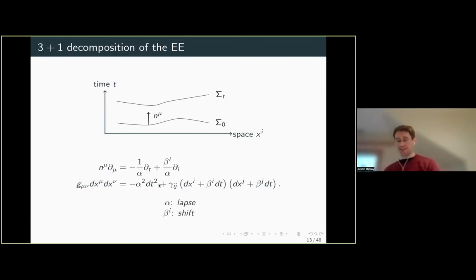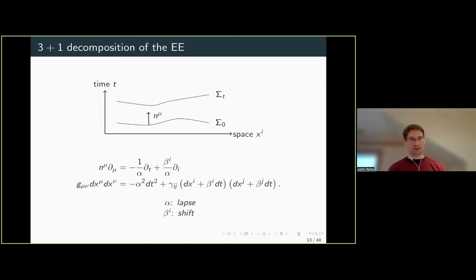The way people traditionally do this is you take your metric g mu nu and split it up into what's called the 3+1 decomposition: 3 spatial dimensions and one time. You take your spatial slice, put a normal vector n on it, and then define some new variables called the lapse and the shift. The lapse tells you how fast time is flowing between each little delta t, and the shift tells you how each little position on this slice is moving between delta t.